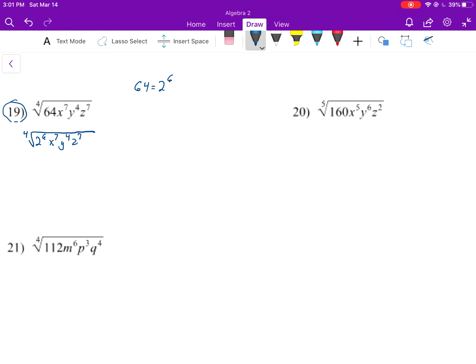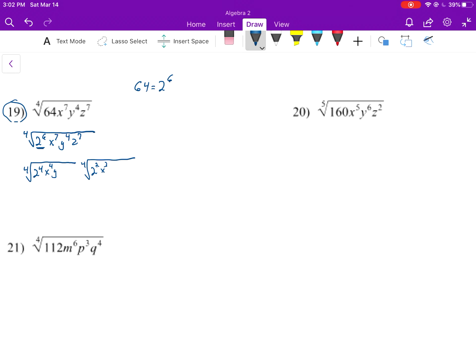This is where we'll take things that are perfect 4th powers out of the 4th root, and things that are not stay in. So this 2 to the 6th can be split into 2 to the 4th and 2 squared, because 4 plus 2 is 6. For x to the 7th, we'd have an x to the 4th in there, but then we have an x cubed left over, which is not a perfect 4th power.